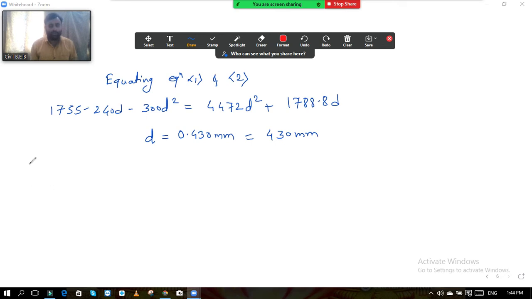So now we will move further. If there is no doubt, then second is depth from one way shear consideration.